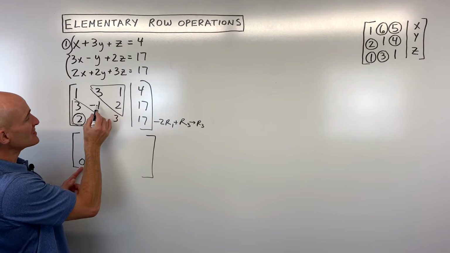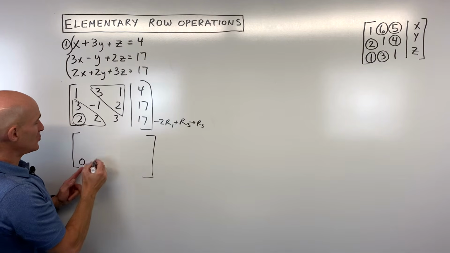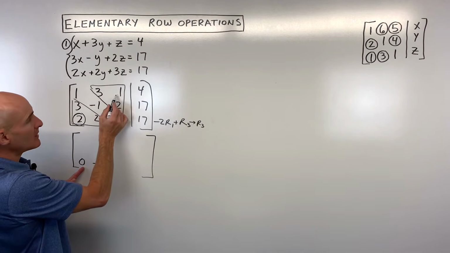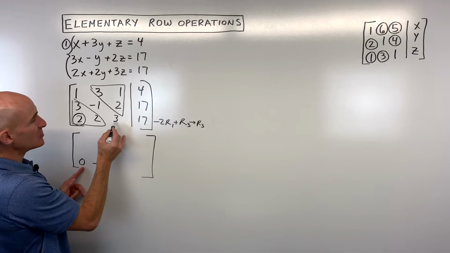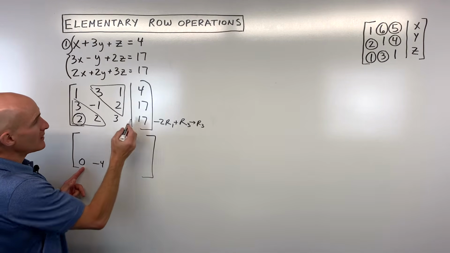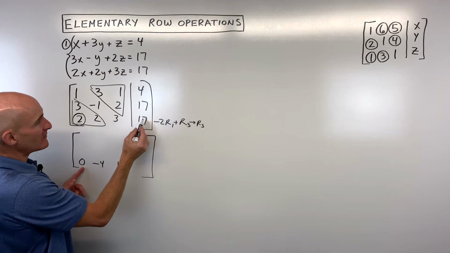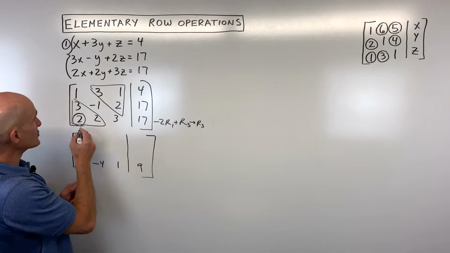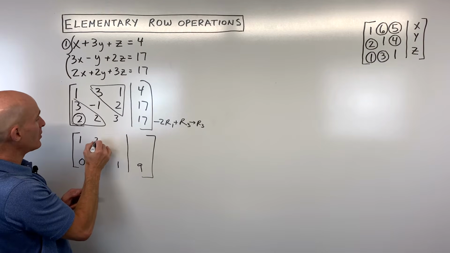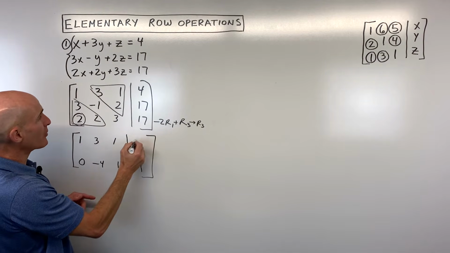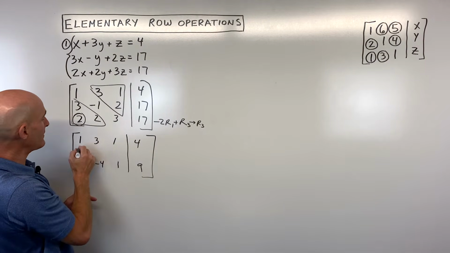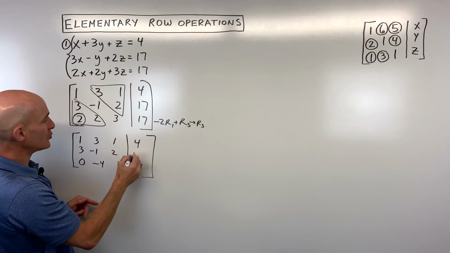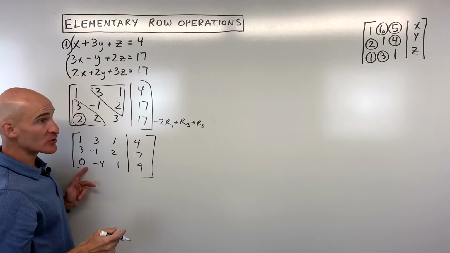Negative 2 times 3 is negative 6, plus 2 is negative 4. Negative 2 times 1 is negative 2, plus 3 is 1. Negative 2 times 4 is negative 8, plus 17 is 9. And then the other rows are just going to stay just as they were. So I'm just going to recopy these down. 1, 3, 1, 4, and then 3, negative 1, 2, 17. So that's what we did right here.